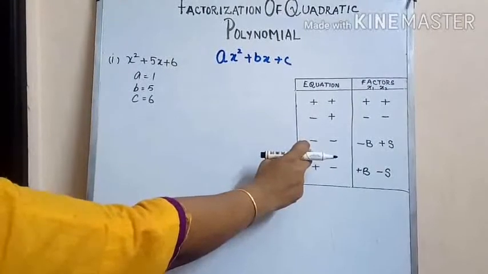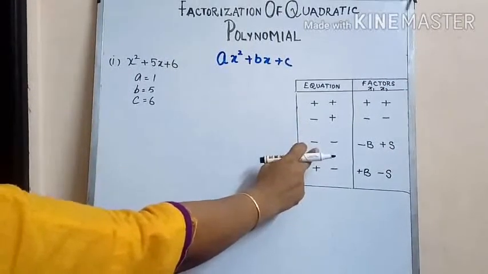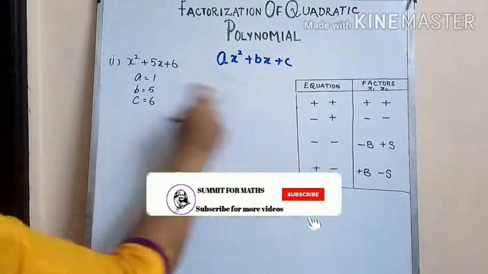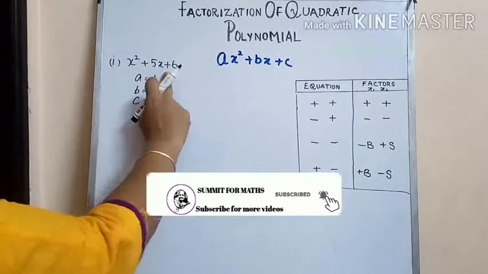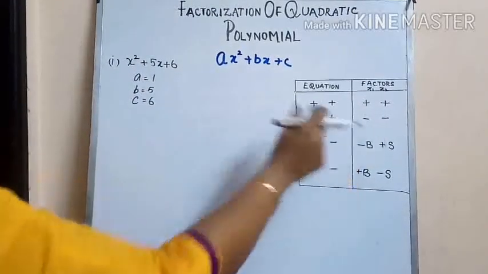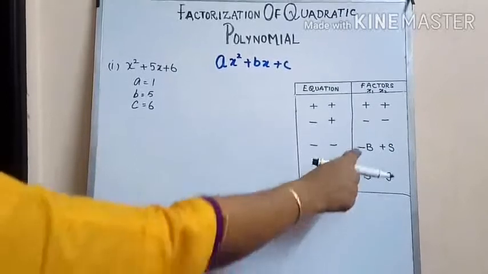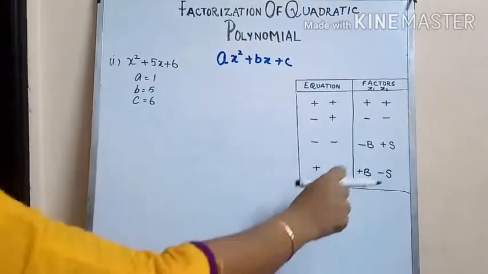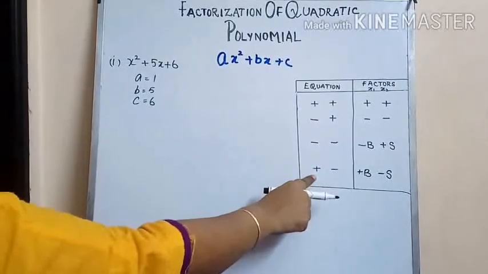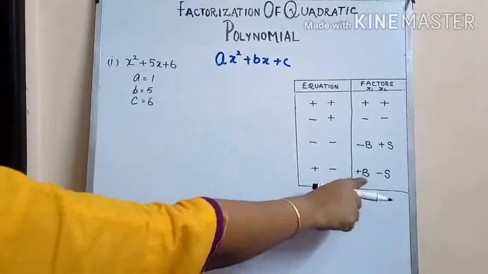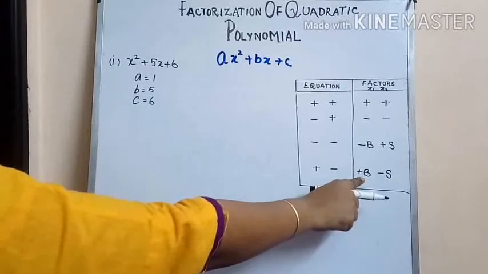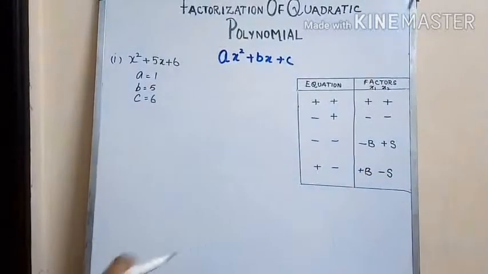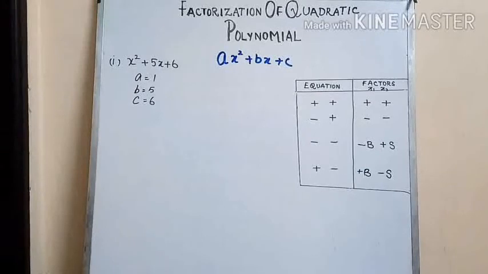If the equation is of the type minus minus, then the bigger number of the two numbers we are choosing will take the negative sign and the smaller number will take the positive sign. If the equation is of the type plus minus, then the bigger number will take the sign plus and the smaller number will take the minus sign.